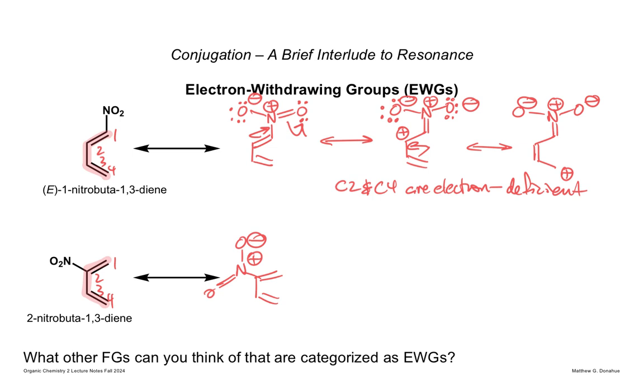So the next case, the substituent is now on carbon 2. It's going to pull electron density out of carbon 1. So notice the carbon pi bond between 3 and 4 does not get involved in this.